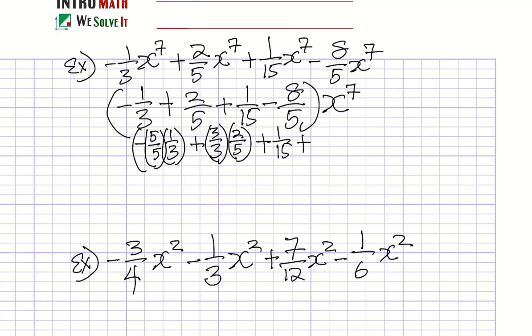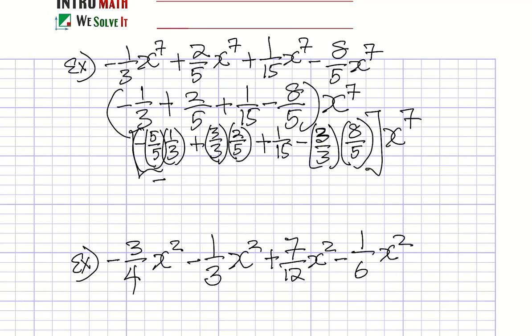Okay, the next one, oh, that's minus. Sorry, you gotta keep your eye on the ball. Minus 2. Let me see. Actually, it's 3. 3 over 3 changes nothing. 8 over 5. You see that, right? All that thing is in x raised to power 7. Okay. So let's work with these fractions.